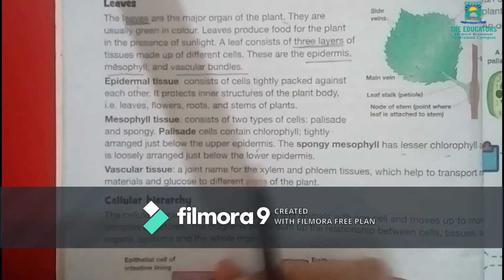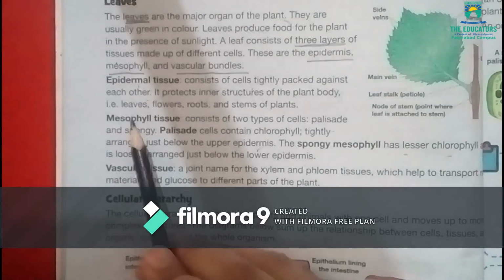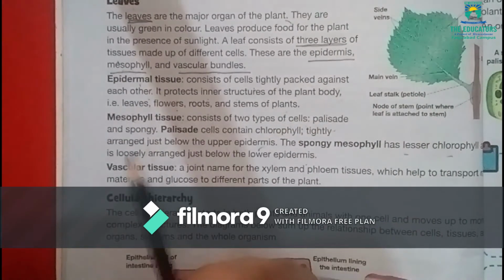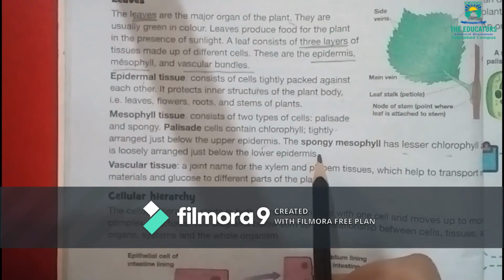The spongy mesophyll has lesser chlorophyll and is loosely arranged just below the lower epidermis. These palisade cells contain chlorophyll and spongy mesophyll contain less chlorophyll.